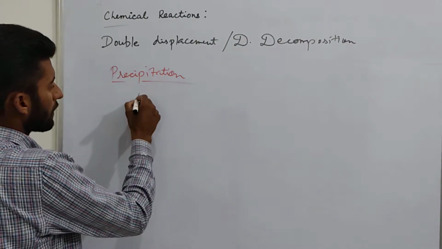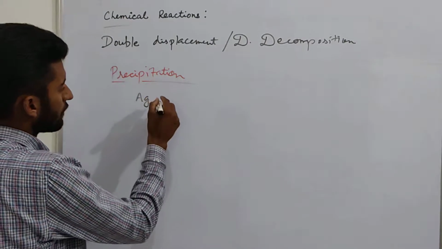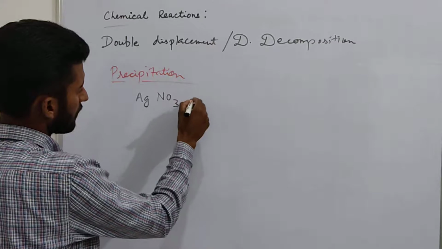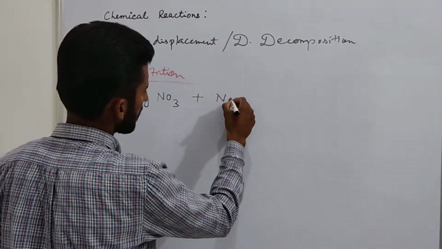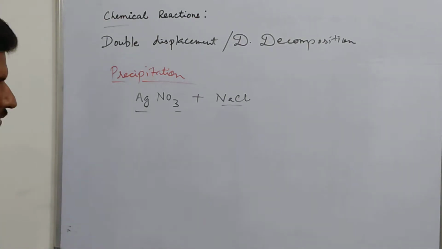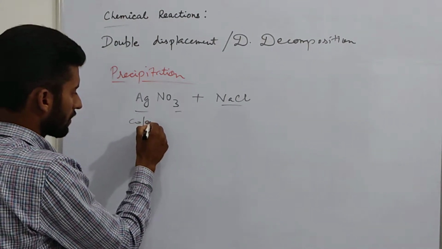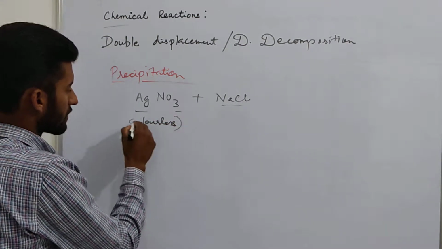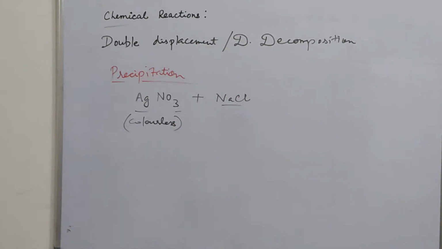Like when silver nitrate is added to sodium chloride solution, both are colorless solutions.